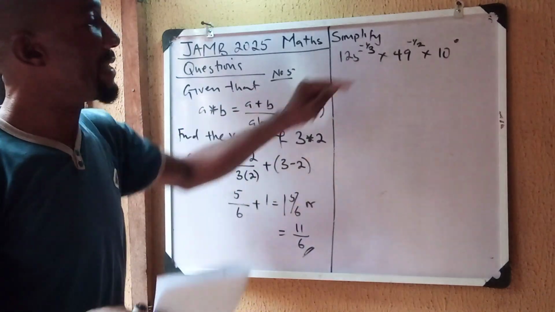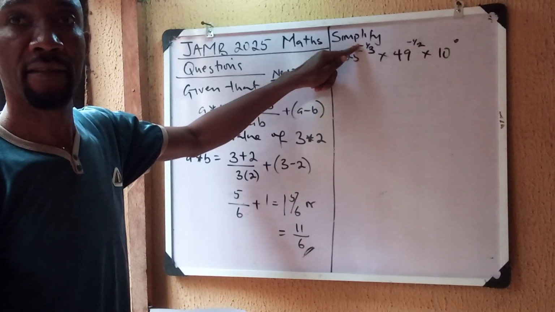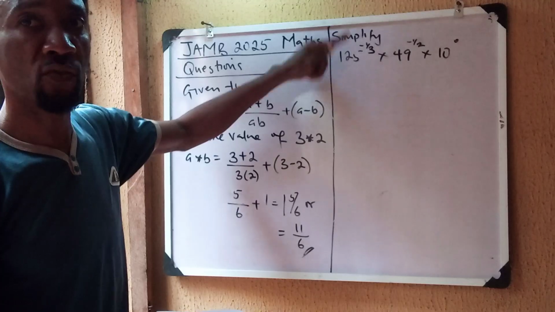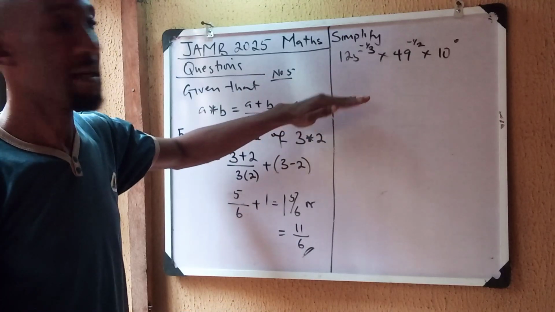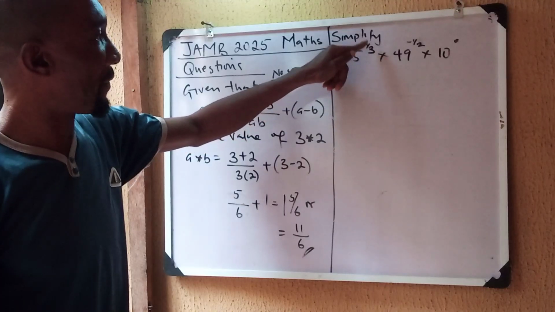Now, this is indices. The negative index law says that when you have a negative at the index, it means 1 over whatever is at the base. The same thing here is also 1 over. And this is a fractional index.